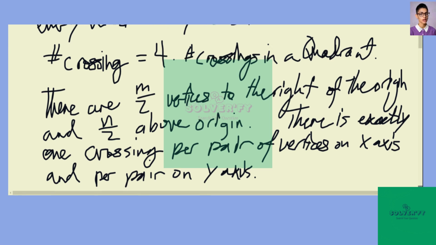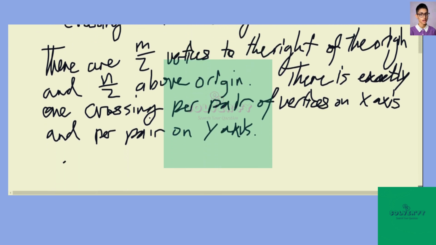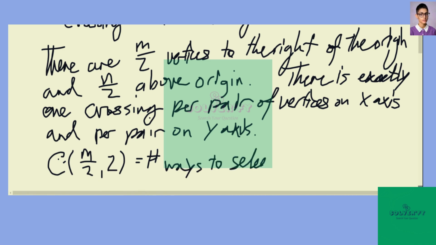Now the order of the vertices is not important, so it follows that there are C(m/2, 2) ways to select a pair of vertices on the x-axis.